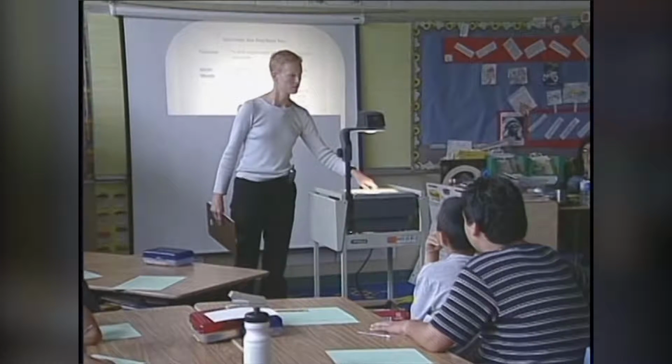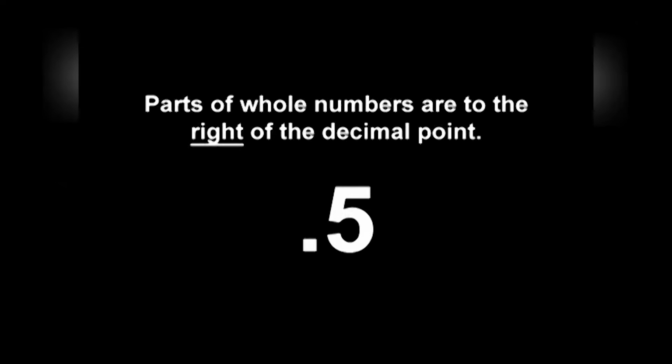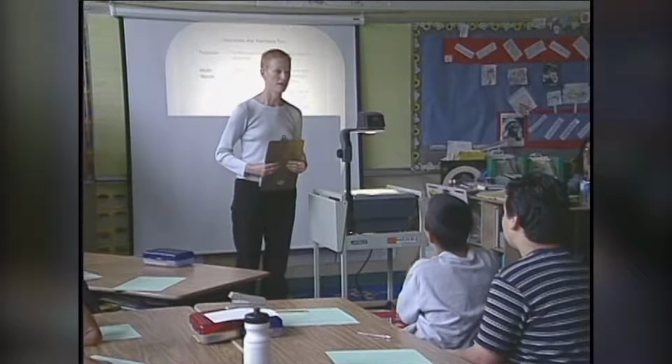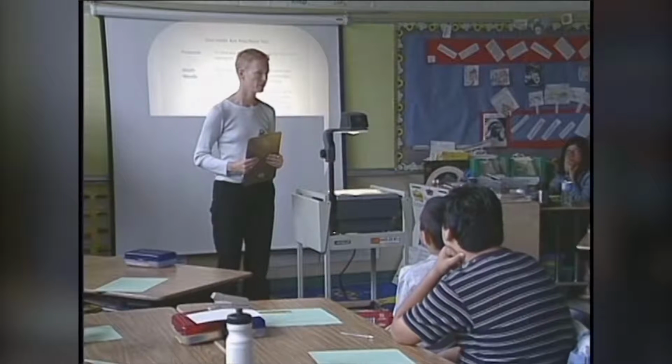Decimal point. Whole numbers are to the left of a decimal point, and parts of the whole are to the right. And let's think of the example 3 and 5/10ths. There's 3 wholes, and then 5/10ths of the whole. Okay?